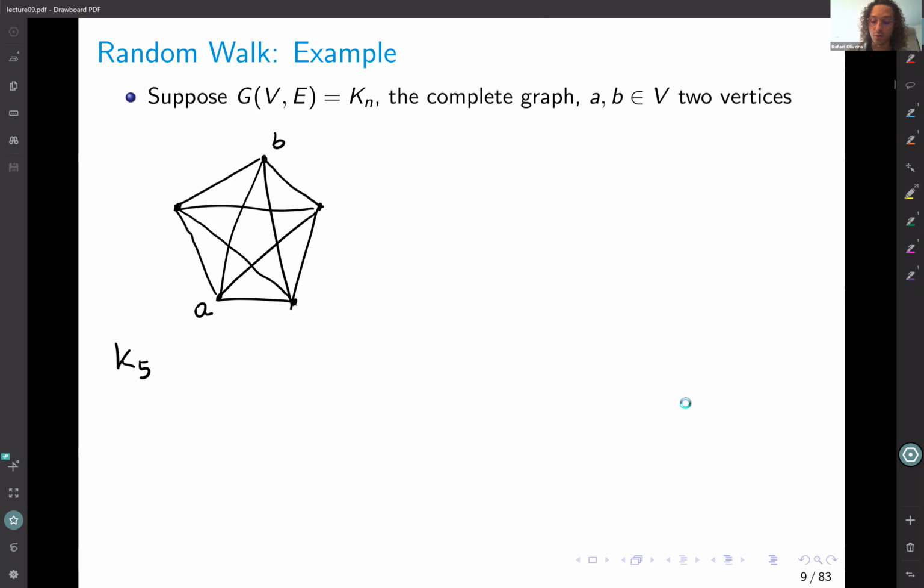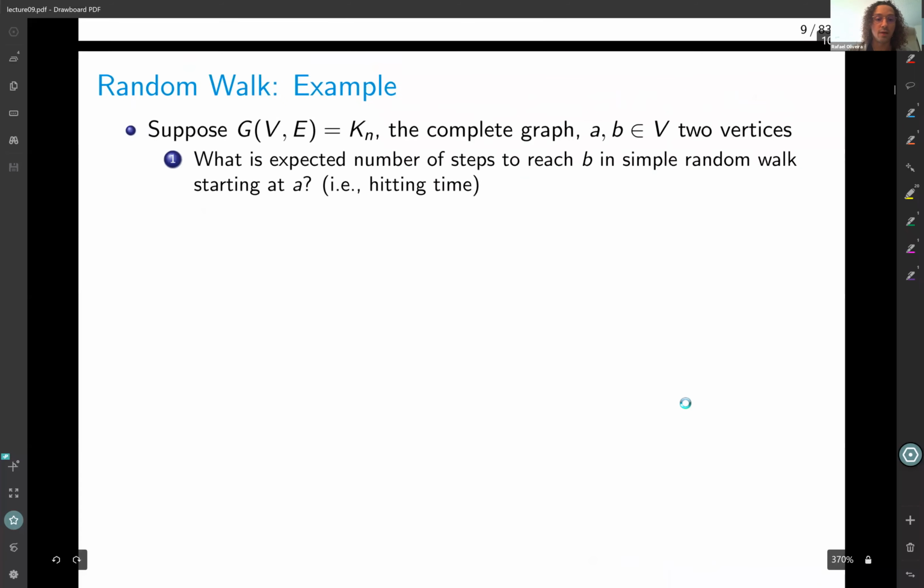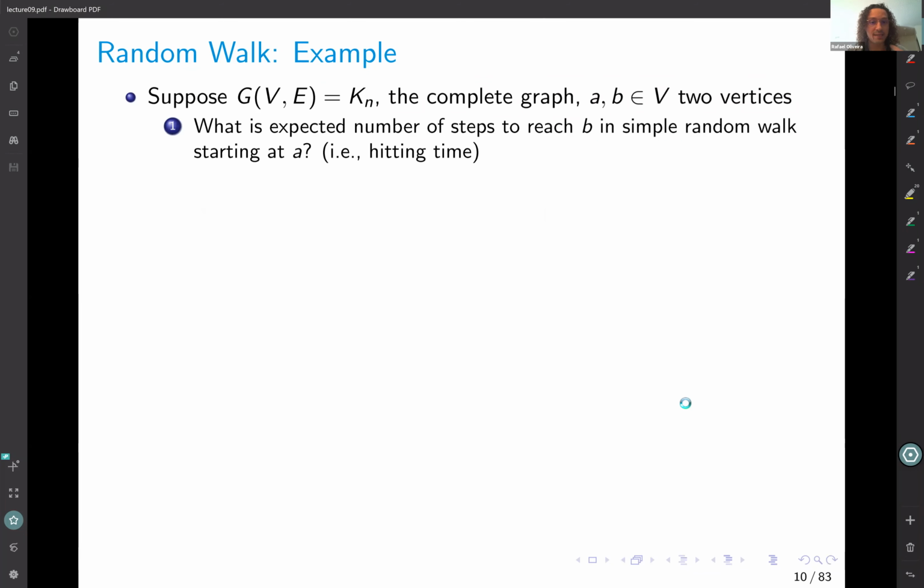Now, what is the expected number of steps to reach B in a simple random walk starting at A? This is exactly the question of the hitting time. And for the complete graph, what is the expected number of steps here?